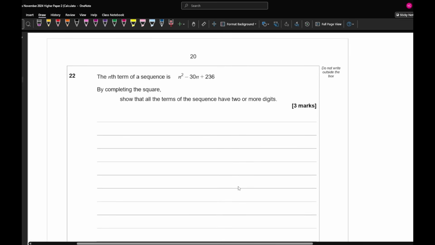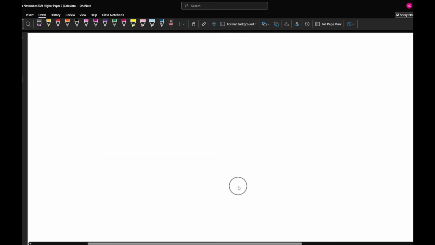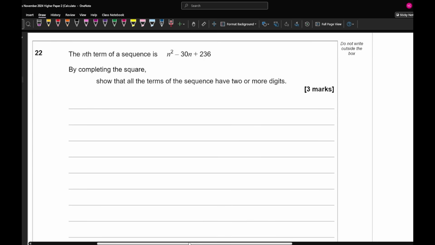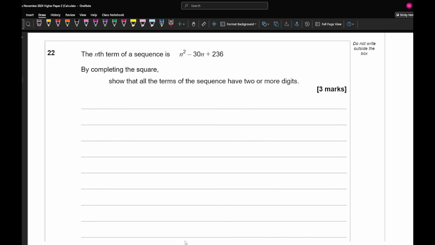Then for question 22, it says the nth term of a sequence is n squared minus 30n plus 236. By completing the square, show all terms of the sequence have 2 digits or more. So for this, what we need to do is use completing the square first. So we've got n minus, and if I divide the coefficient of n by 2, I get 15.